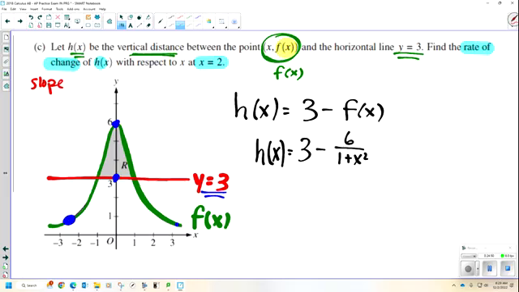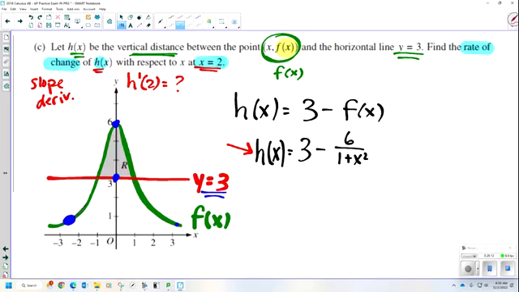And slope, as us calculus people lovingly like to refer to it, means derivative of h. So it's really h prime at x equals 2. So this is what we're trying to find. We have h. Let's take the derivative of h, then plug a 2 in for x.